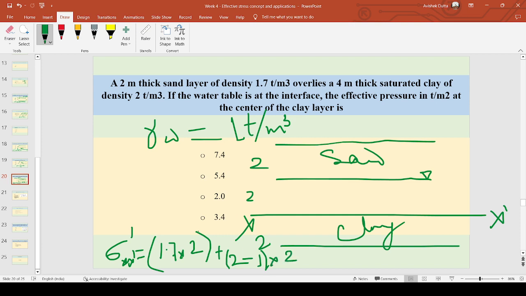So in the first part of the equation we get 3.4, and the second part we get 2. 3.4 plus 2, we get 5.4 ton per meter square.